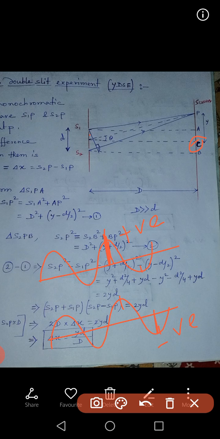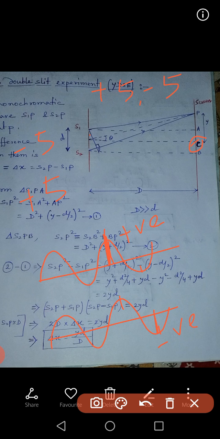Suppose this is the amplitude. Now suppose the first wave, S1C, has an amplitude of +5 for the crest, and the trough will have an amplitude of -5. Similarly another wave, S2C, also has the same amplitude, +5 for the crest, -5 for the trough.